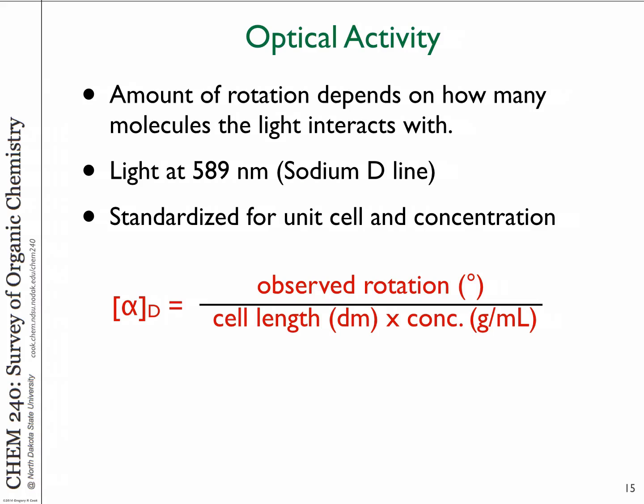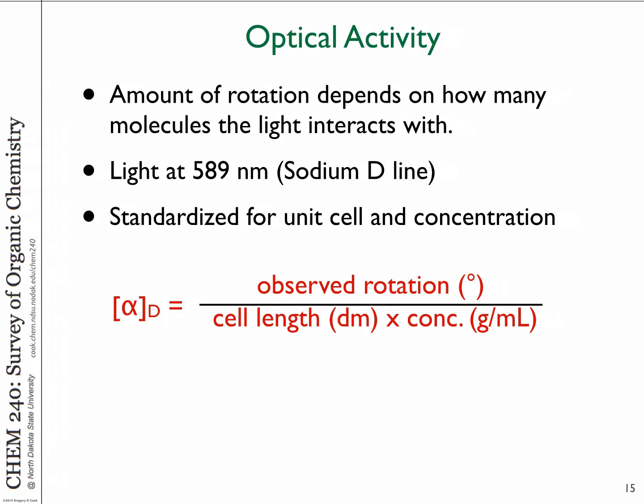So, actually, with a little more detail, what we know now is that how much that rotation occurs depends on how many molecules the light hits before it comes out the other end. So each molecule will tip it a little bit more. So in order to come up with a way to standardize this, the rotation depends on how many molecules.